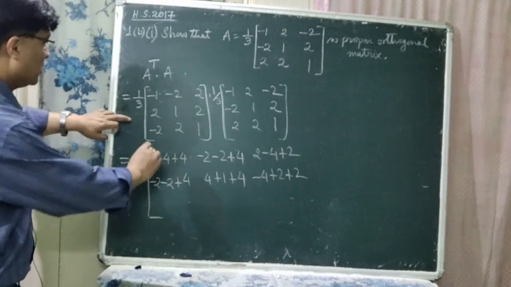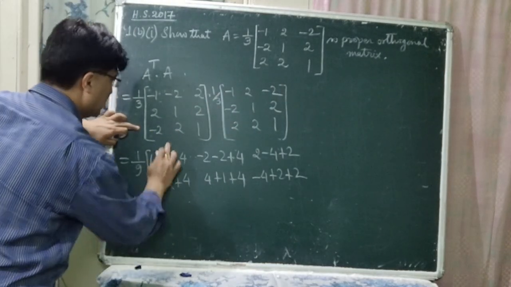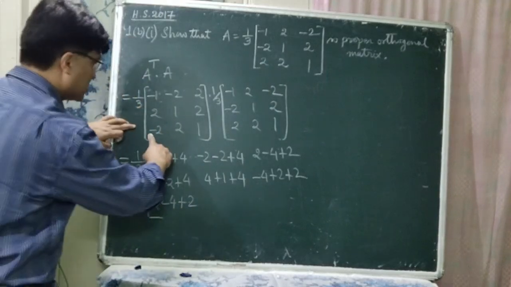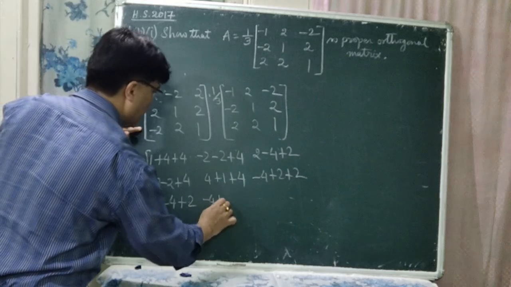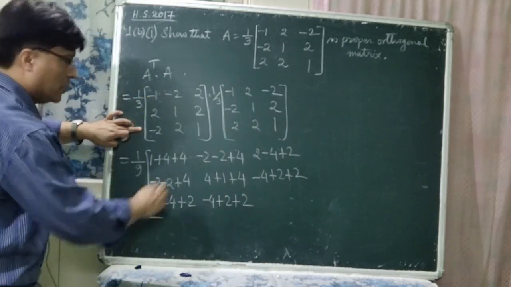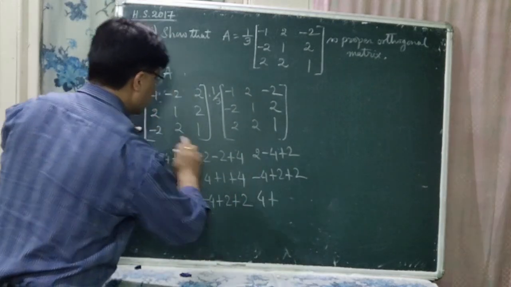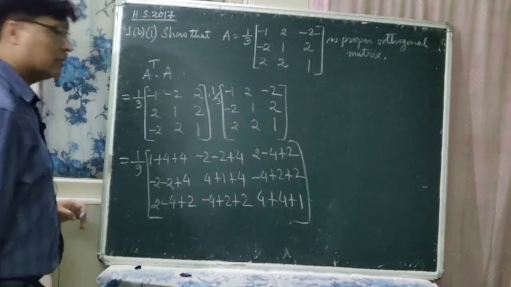The next one, third row by first column, minus into minus plus 2, and then 2 into minus 2, minus 4 plus 2. Next, third row by second column, this is minus 4 plus 2 plus 2. Then again third row by third column, minus into minus plus 4 plus 2 2s are 4, then it is plus 1. Is that clear?